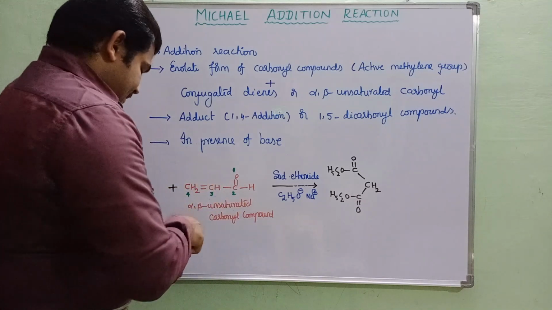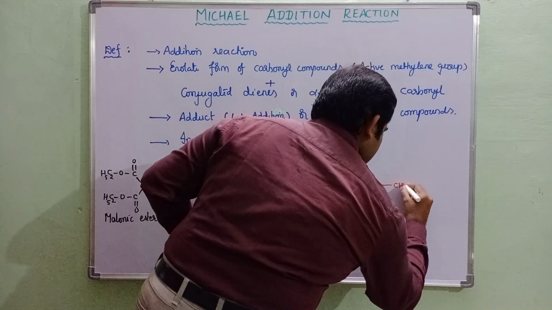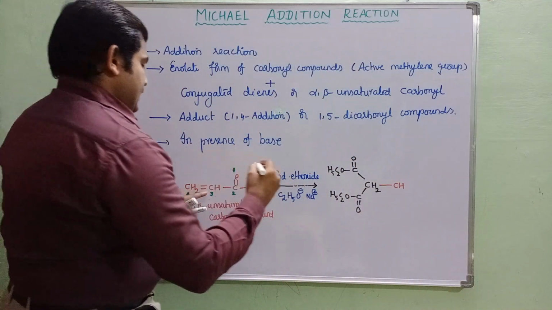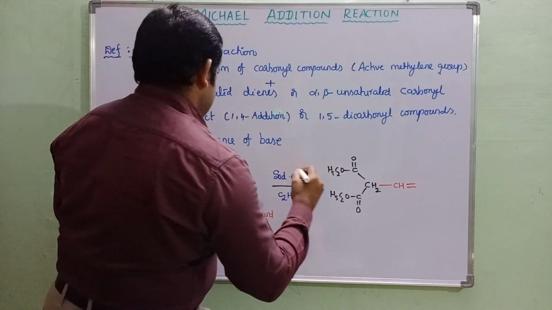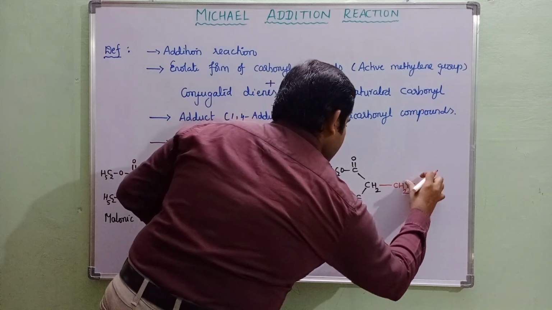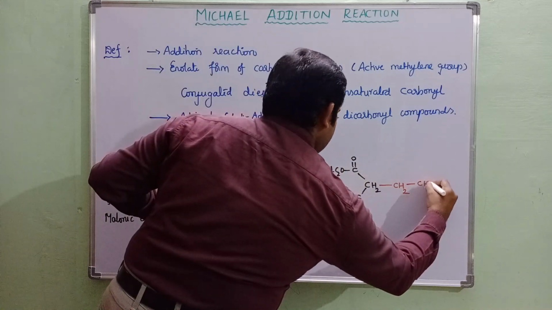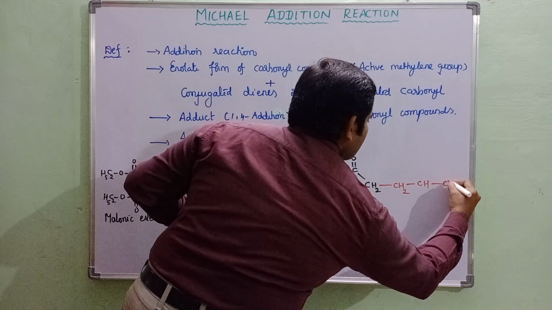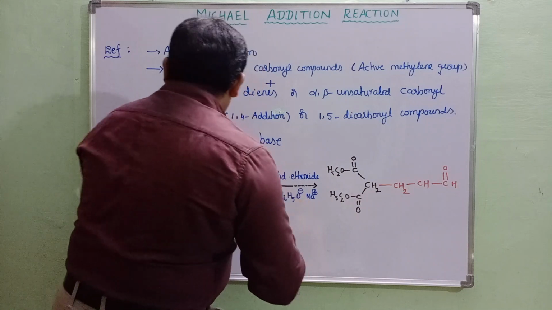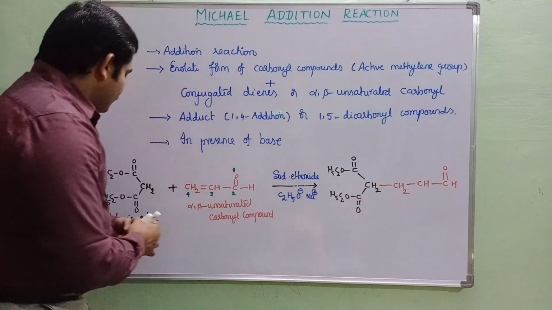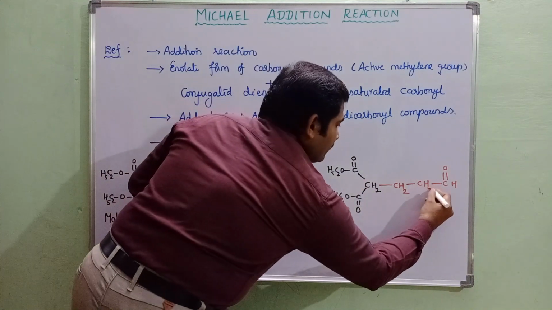To yield CH double bond CH2, CH, okay. See, in this particular case, there is no presence of double bond.